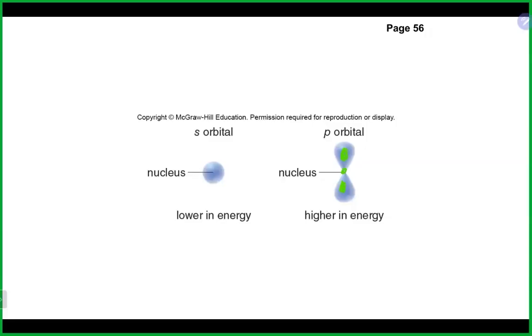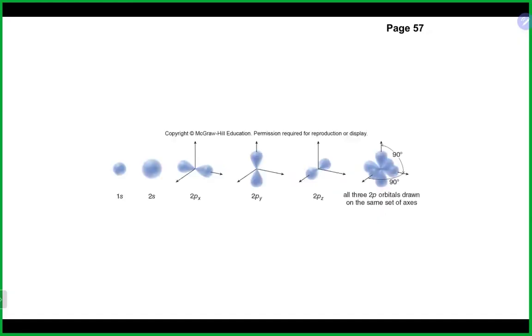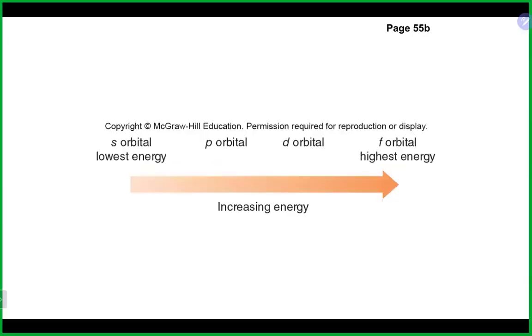The idea we don't get too much into here is the quantum mechanical idea that although an electron is a particle, it can also have wave-like functions. That's how we go to the probability idea. Here again is our px, py, and pz orbital, on different orientations in 3-dimensional space.